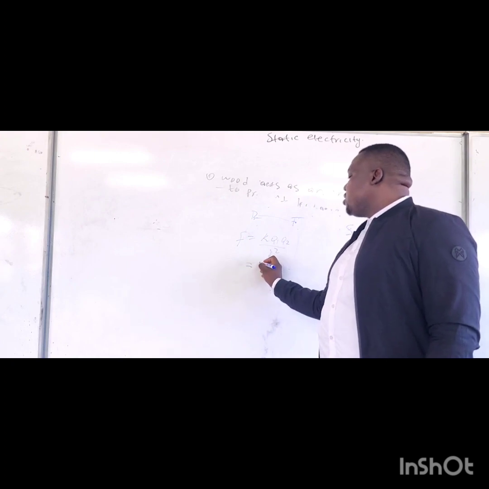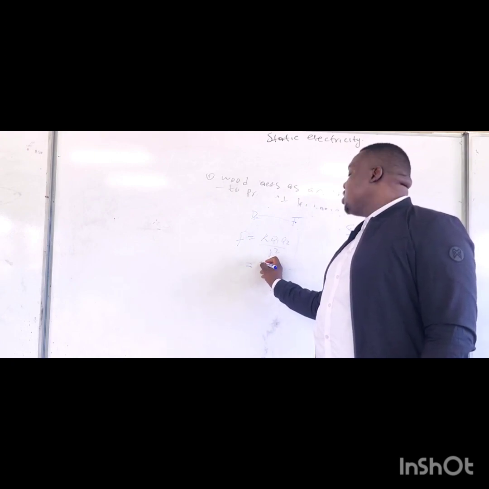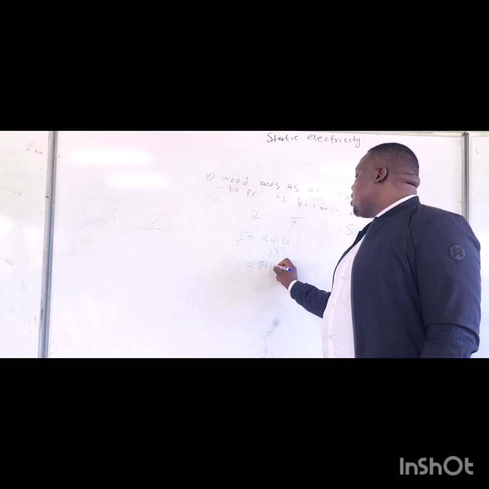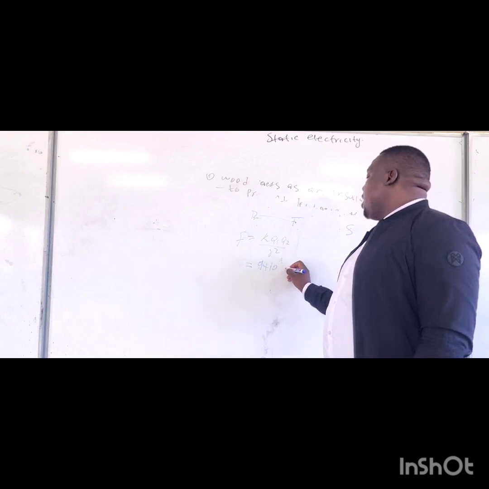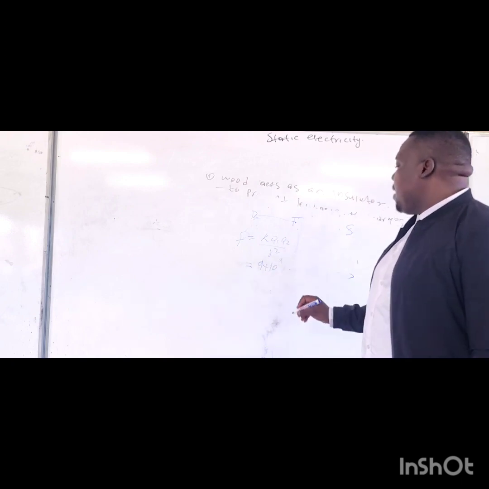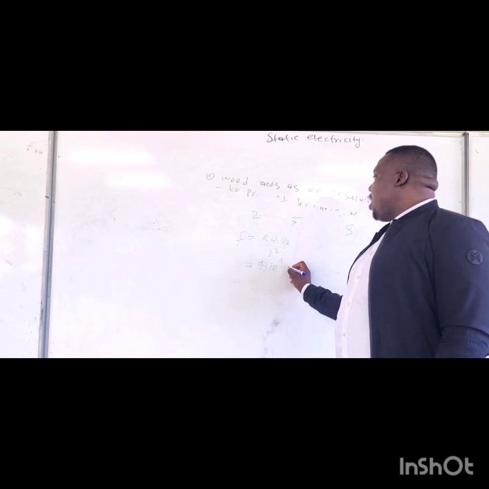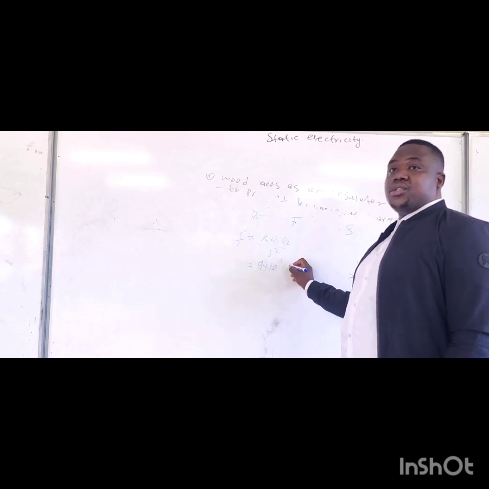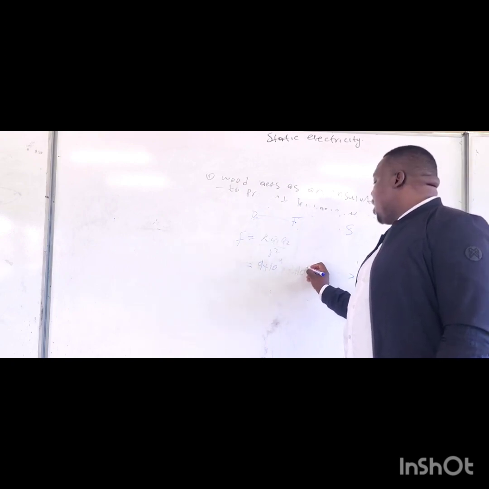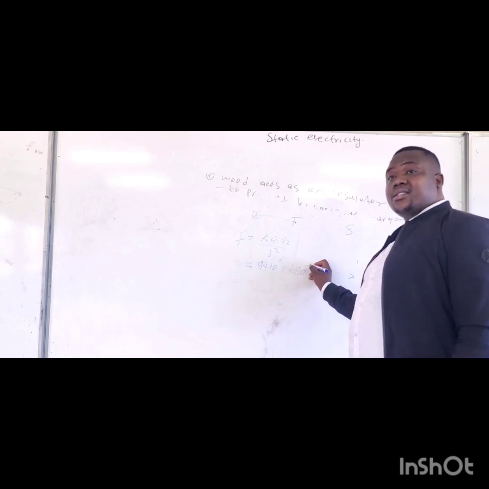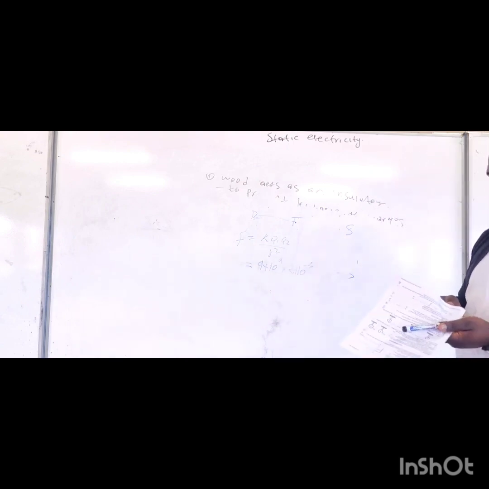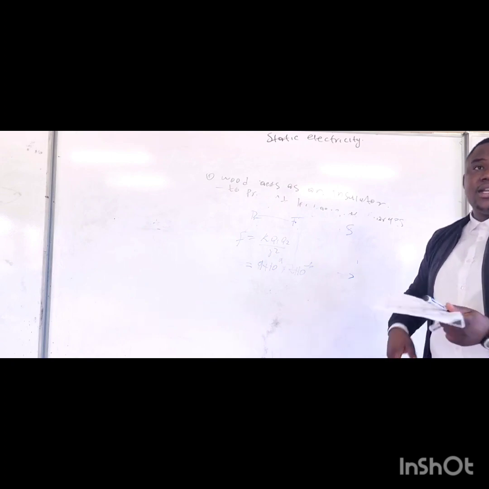K is a constant. Check your data sheet. It's 9 multiplied by 10 to the power 9. Then all multiplied by Q1. Q1 is R, which is 2 multiplied by 10 to the power minus 6, right?